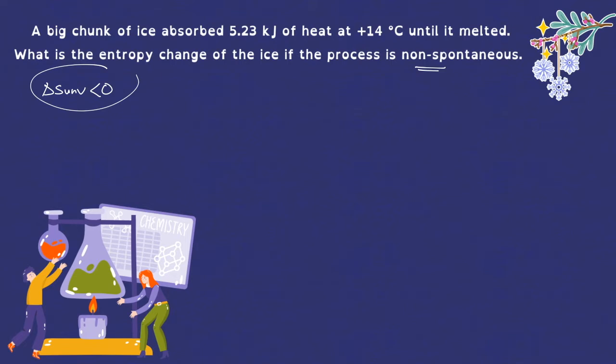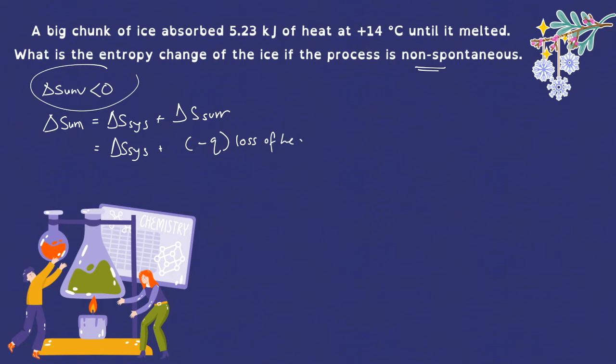So delta S universe is equivalent to delta S system, which is the thing that you want to calculate, plus delta S surrounding. Your delta S surrounding can also be written as negative Q, which is the loss of heat, divided by the temperature of the surrounding.